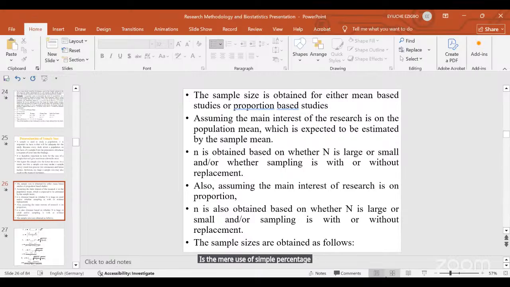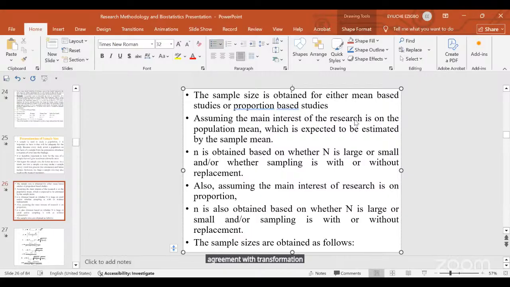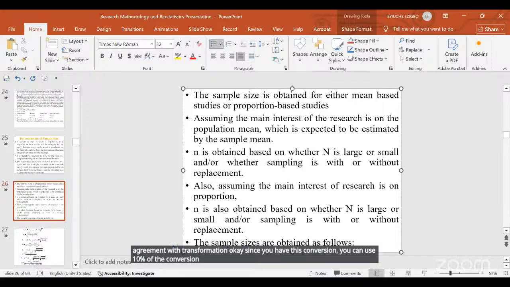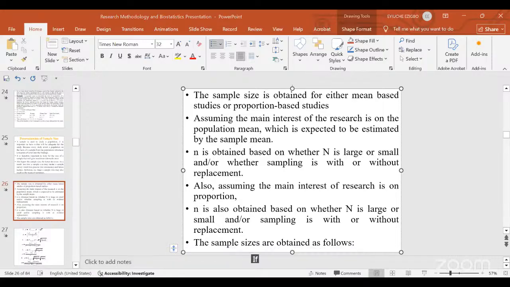I don't know if you have had that before. Someone might say, by agreement with your supervisor, since you have this corporation, you can use 10% of the corporation. If you have chosen to do that, state that that is what you used.